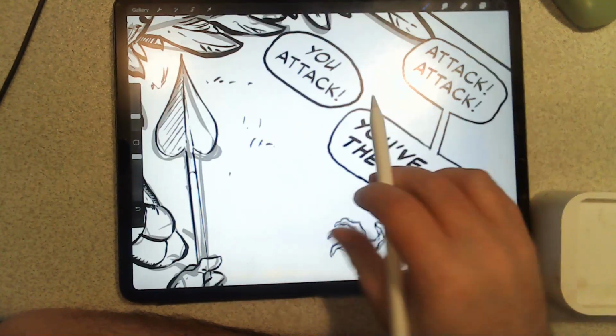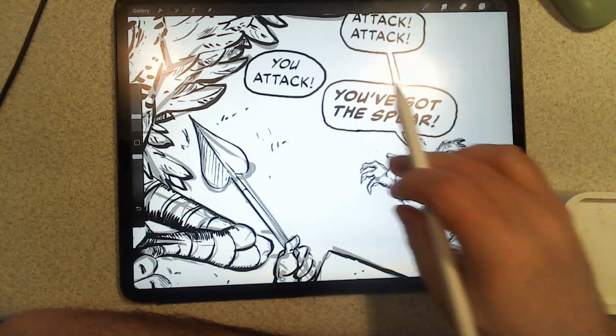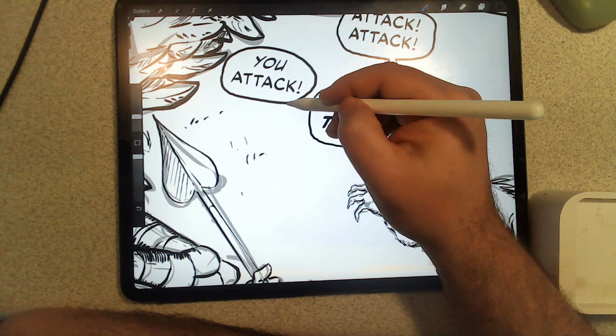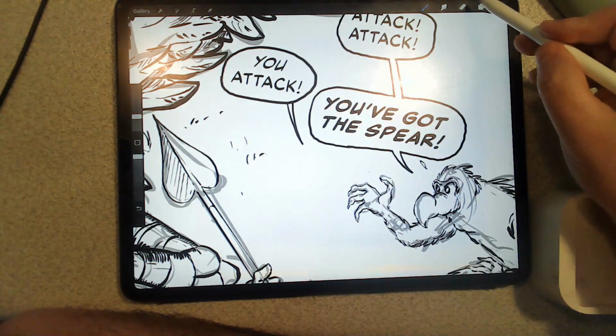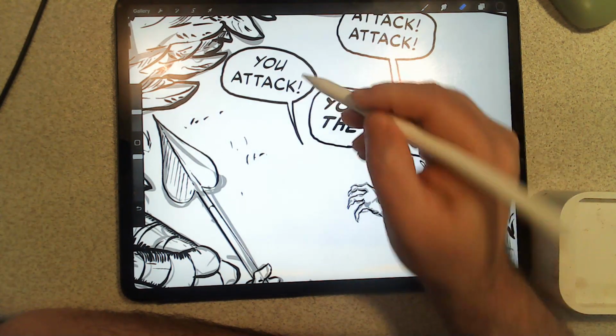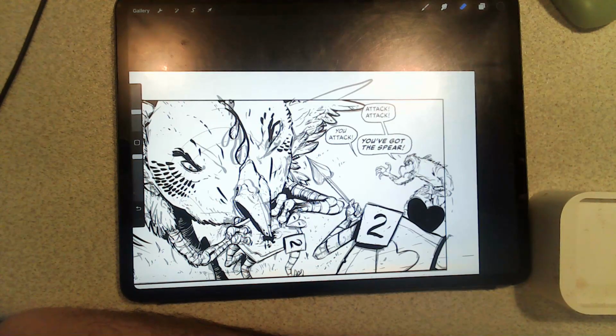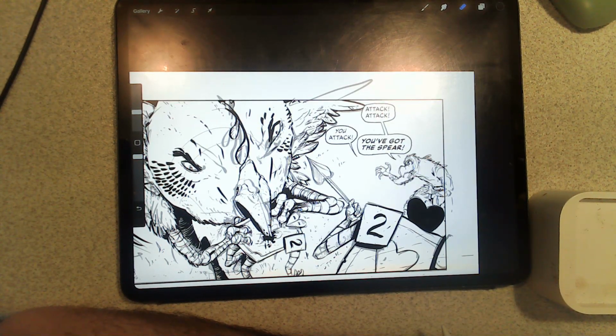A lot of people just use the built-in ovals that are in CSP or whatever. Those look like shit. They don't look normal. They don't look like a human made them.